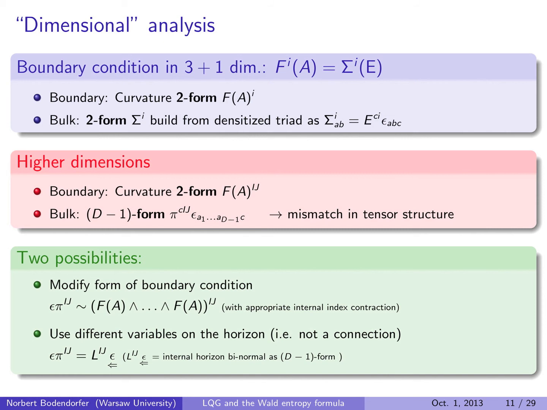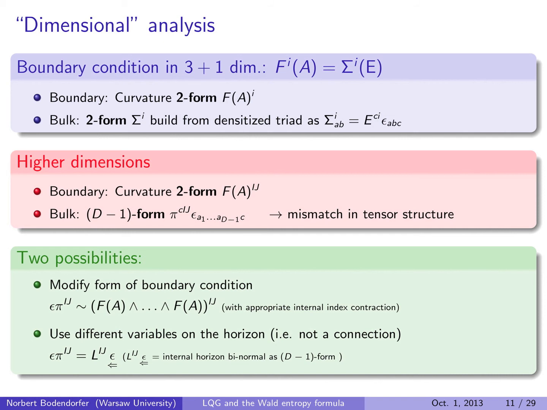So there's a mismatch in tensor structure, so you can't just say F equals pi in higher dimensions. Now there are basically two possibilities to fix this. Either you could say I want to keep using a connection on the boundary, then you would need to modify your boundary condition. So you could write something like epsilon pi goes as some wedge product of the curvatures with an appropriate contraction of the internal indices. This can be done. We will see later how it works.